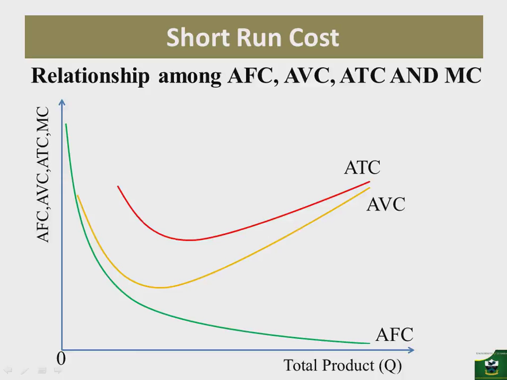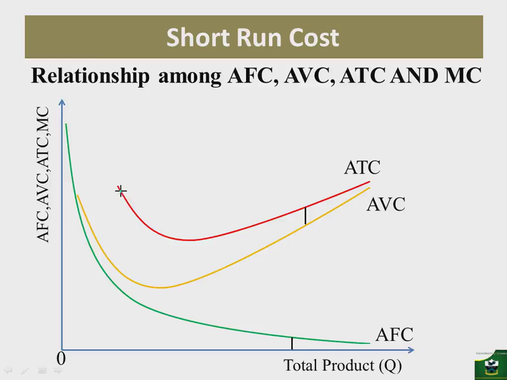And the gap between the two, that is the gap between the average total cost and the average variable cost, is equal to the average fixed cost. So this gap in between here is measuring the average fixed cost of the firm. You will notice that as the average fixed cost curve is dropping and approaching the horizontal axis in an asymptotic manner, the average total cost and the average variable cost curves will also be drawing closer to each other.